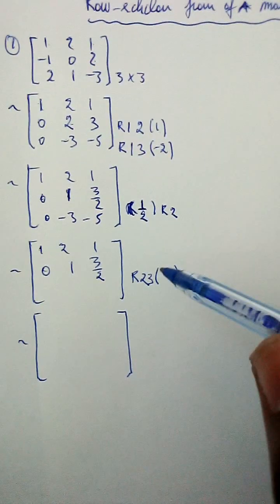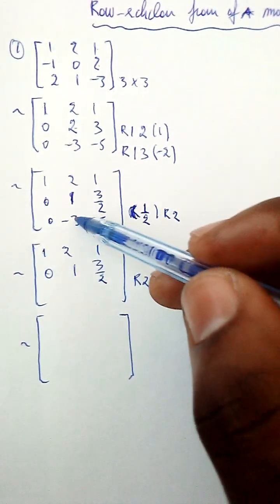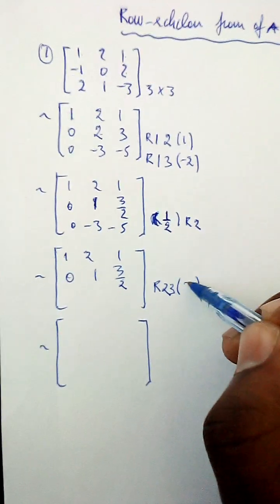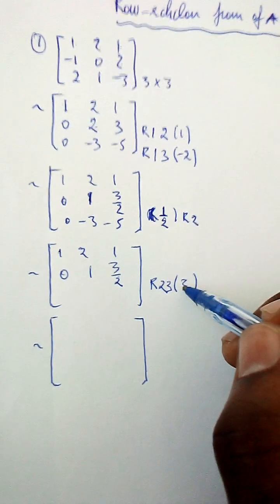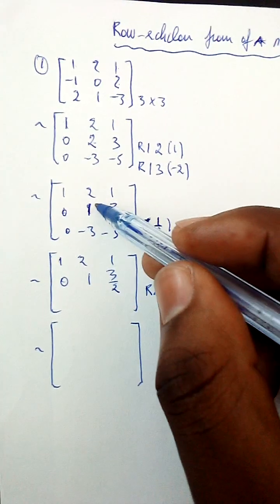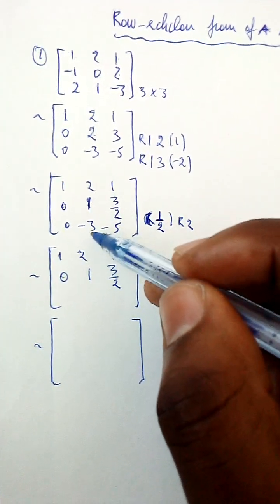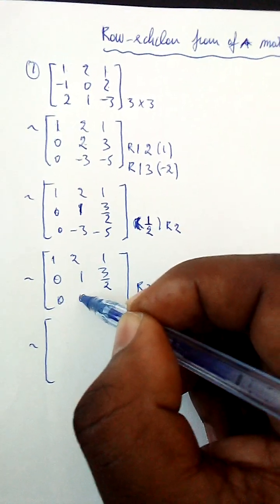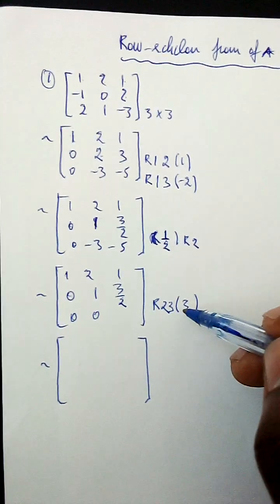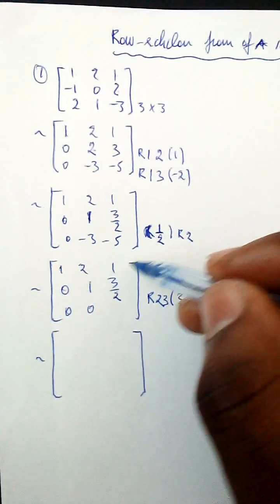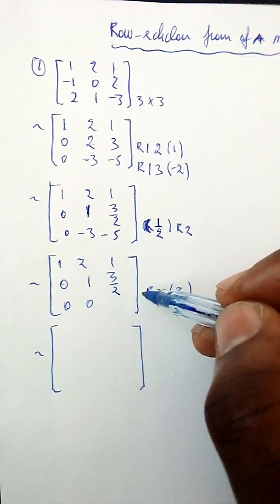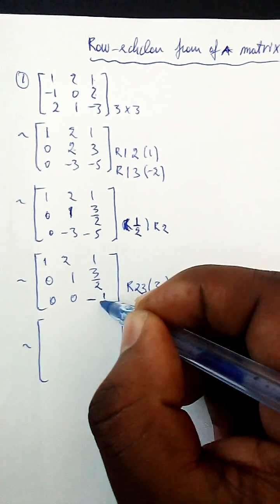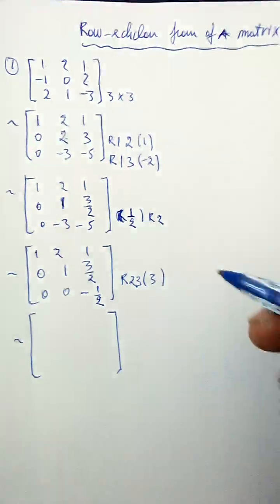What you need to put here in order to get 0 here in the third row, you need 3. Once you multiply 3 times 1 plus minus 3, you get 0 here. Once you multiply 3 times 3 by 2, you get minus 1 by 2.